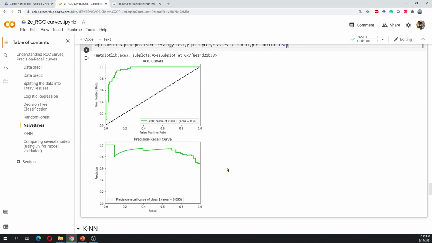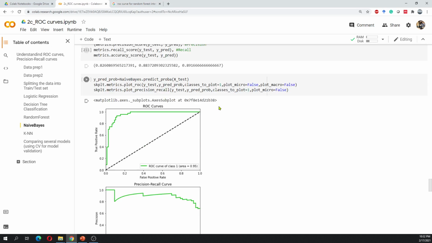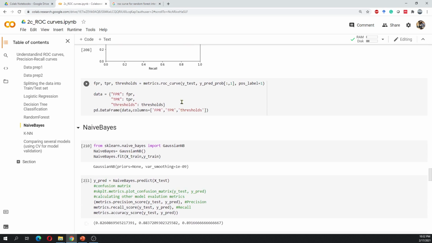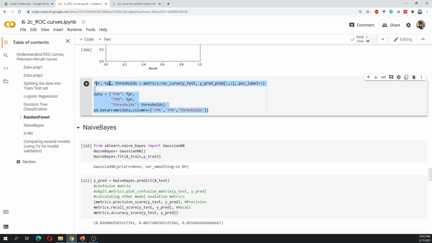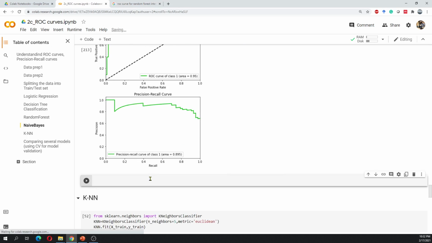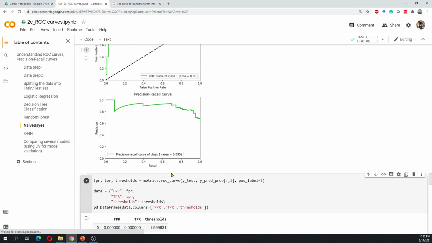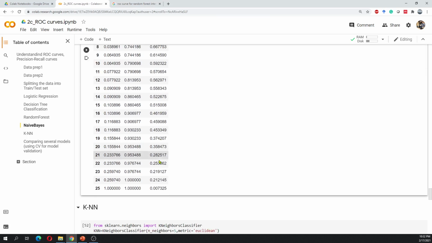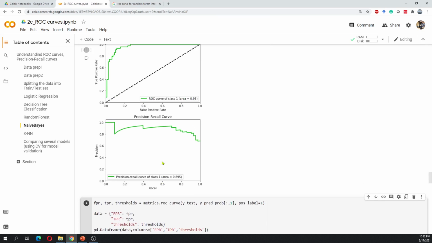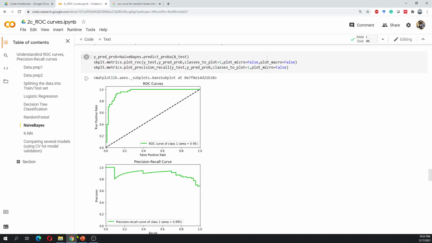So for the naive Bayes classifier, what are we dealing with? If you remember, I'm going to go back to the slides in a moment. Let me just also pull the thresholds as I did for this one. Okay, so we have a bunch of thresholds to work with, right? So where are these coming from?